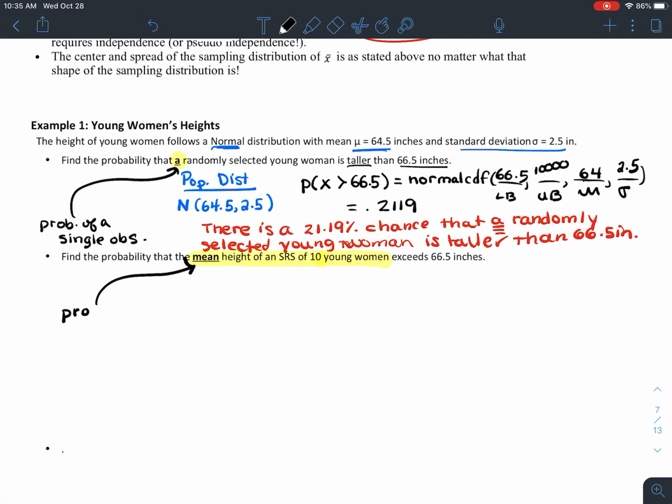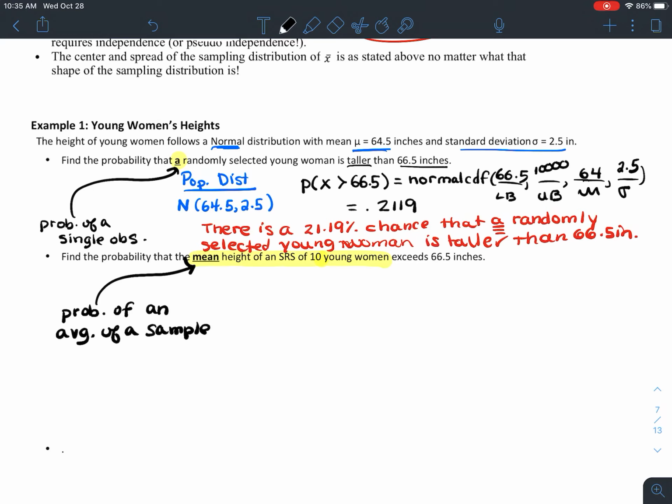This is asking, if you were to select a sample of 10 young women, what's the likelihood that the average of that sample would be larger than 66.5? So we want the probability of an average of a sample. You'll notice they put the word mean there and not a word like a for singular.